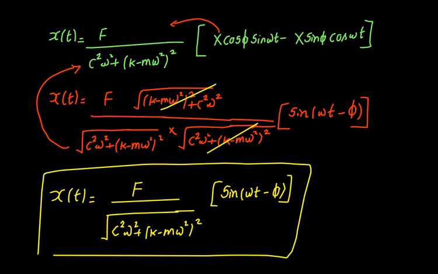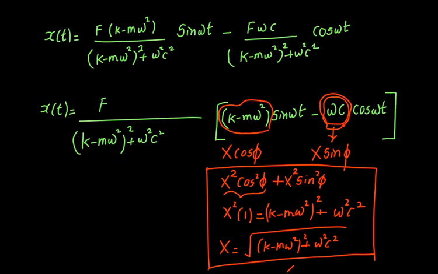Well, you can also find out what this phi is, right? You can easily find out what this phi is. So think about it. How do you find the value of phi? It's very simple. All you have to do is take capital X sine phi divided by capital X cos phi, which is equal to omega c divided by (k minus m omega square).